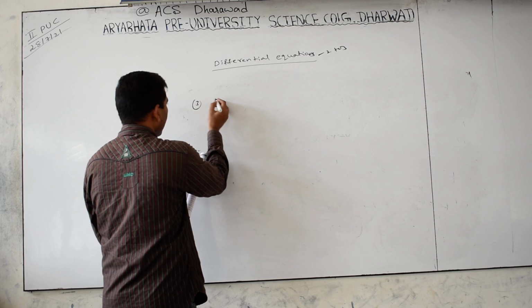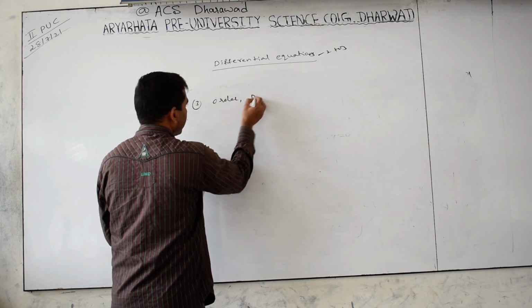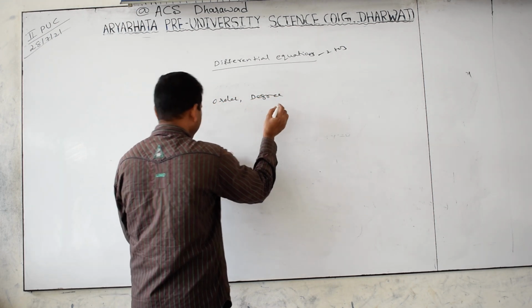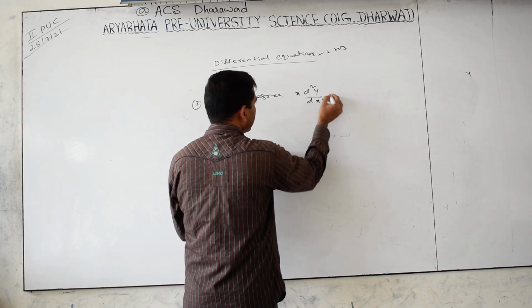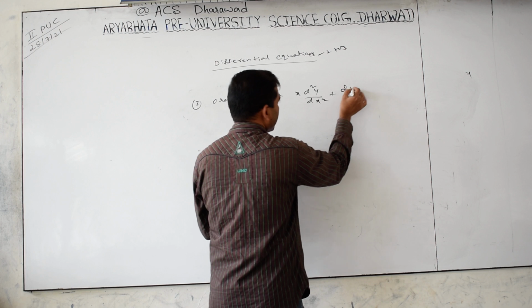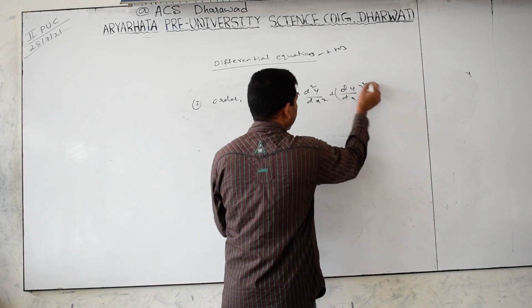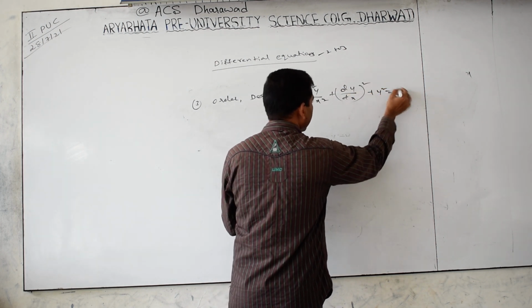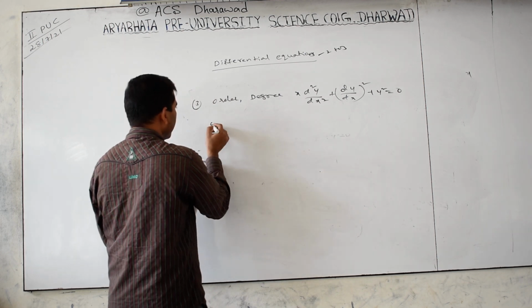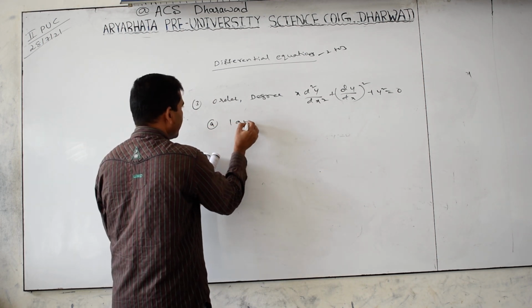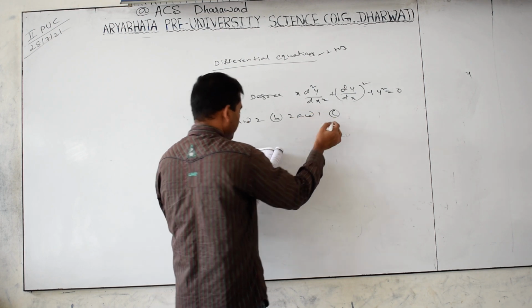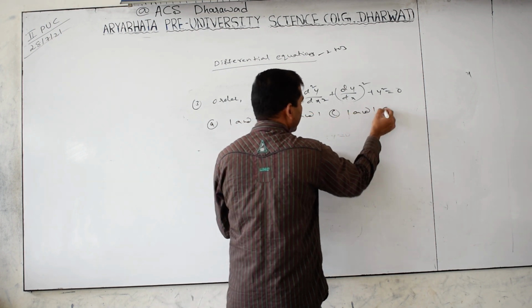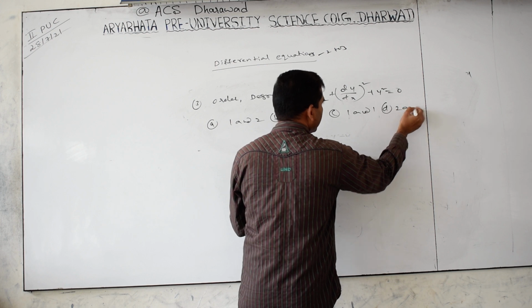Next, third question, order and degree. Order and degree of the differential equation x into d square y by dx square plus dy by dx whole square plus y square equal to 0 are: option A 1 and 2, option B 2 and 1, option C 1 and 1, option D 2 and 2.